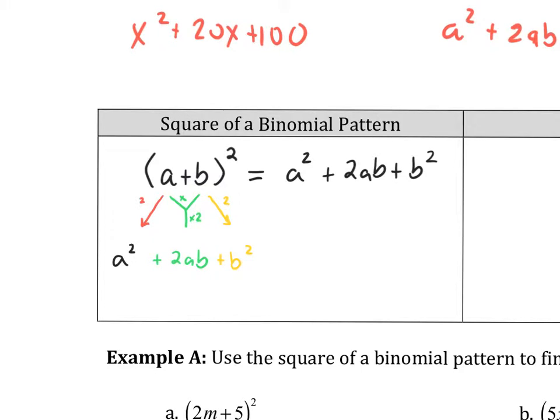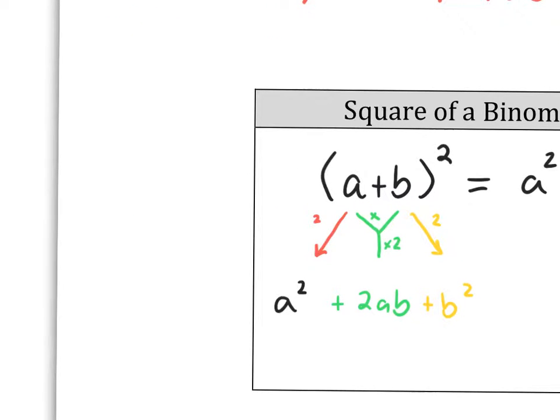A common mistake here, and let's write that over on the side, a common mistake when we see a plus b quantity squared is that we want to send the 2 in like that, and we say a squared plus b squared. And you have to say, wrong. It's a common error that we make.